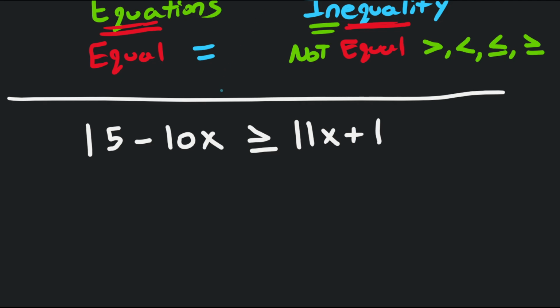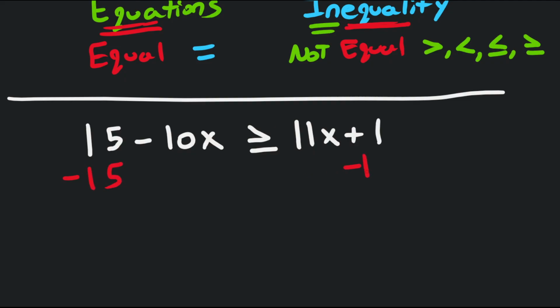This is an inequality, and just like with equations, we want to solve for our variable x. So we do the same thing that we would in an equation. We are going to isolate x. And how can we do that? Well, we have a positive 15 here, so the opposite of that is negative 15.